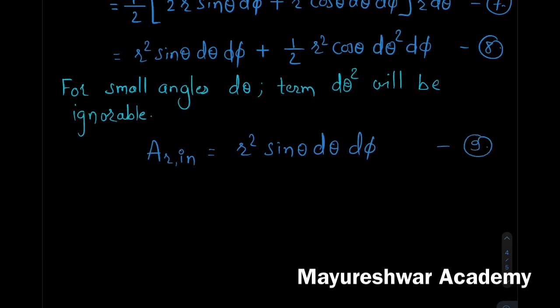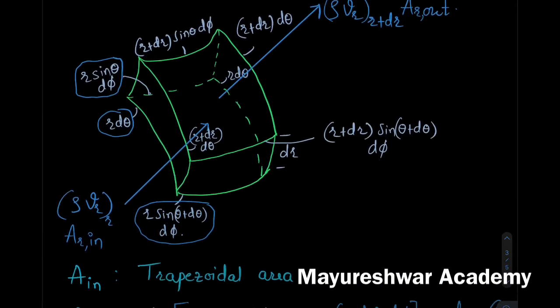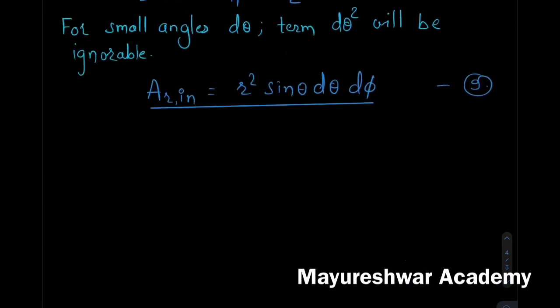So similarly we can write, okay, so we need to use this for the incoming flux model. Now let us model the outgoing flux, which is similarly Ar out, going to be the average of the lengths.